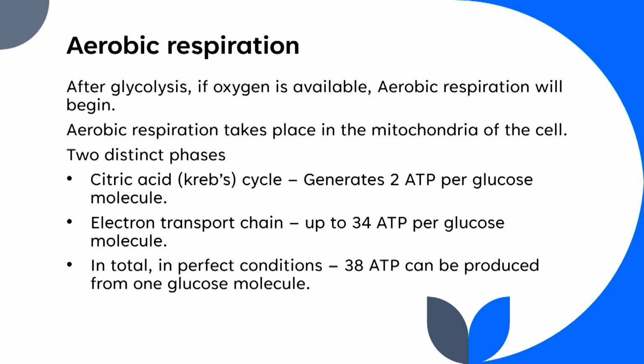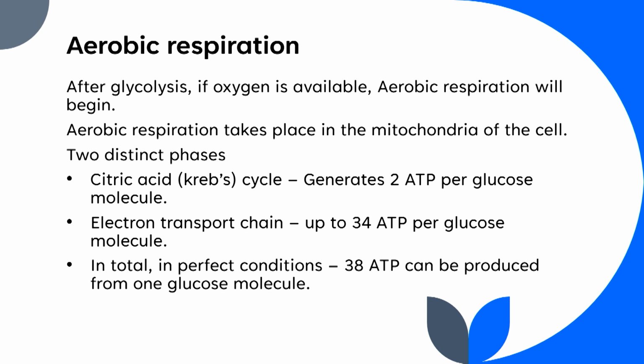After glycolysis, if oxygen is available, we're going to do aerobic respiration. Remember, aerobic respiration is the form of respiration that requires oxygen, but it also makes a lot more energy. Aerobic respiration takes place in the mitochondria of the cell, and there are 2 distinct phases. We have the citric acid cycle, or the Krebs cycle, two different names for the same thing.